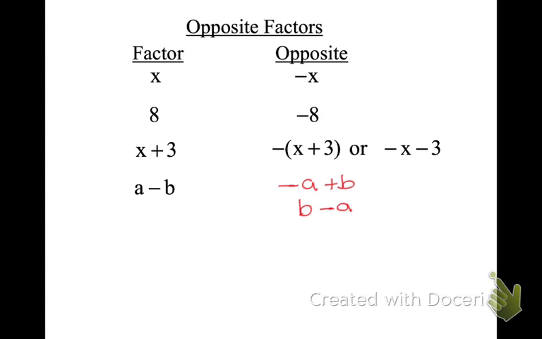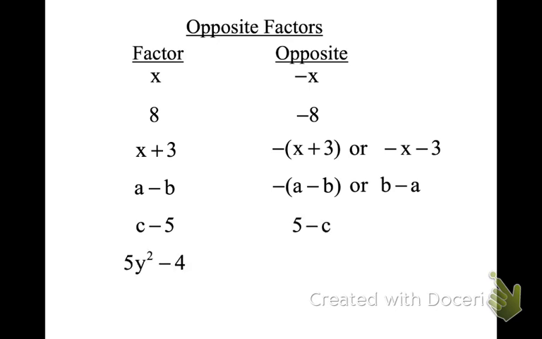B minus a. Do you understand? Both are opposite signs. What's the opposite of c minus 5? 5 minus c. I just want to hear 5 minus c. What's the opposite of 5y squared minus 4? What's the opposite of 2n minus 3?